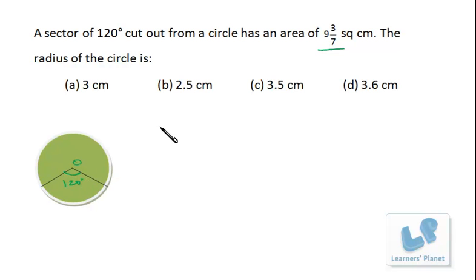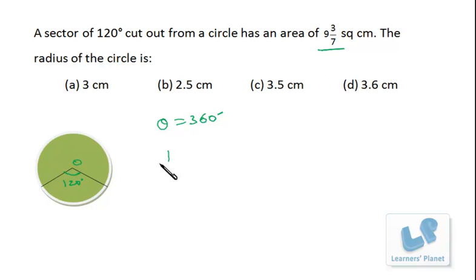So the complete angle theta is 360 degree. That means this angle will be 1/3 of 360. So the area of this portion will be 1/3, and the area of the complete circle will be 3 times this.